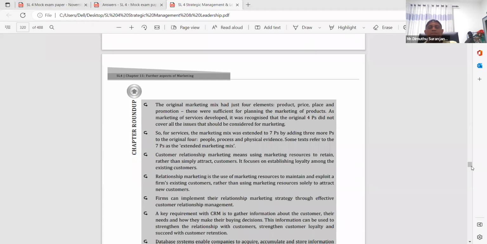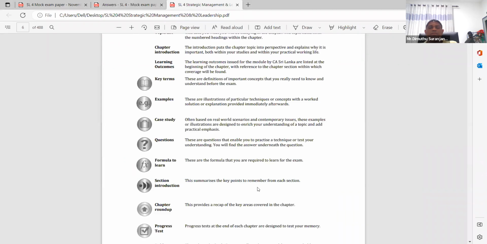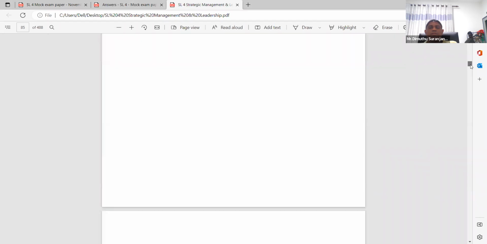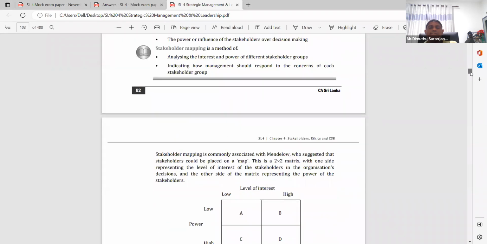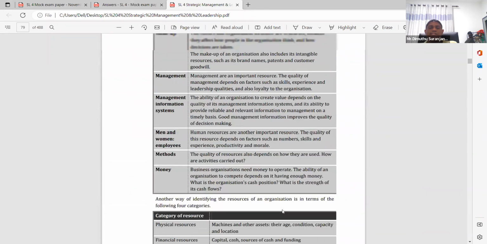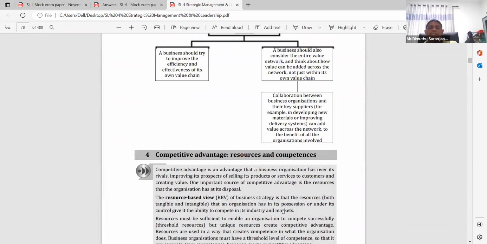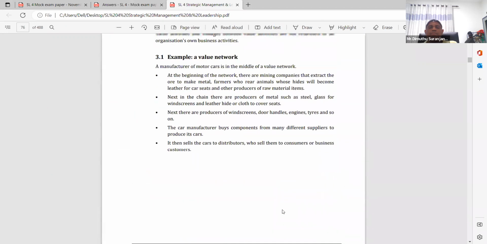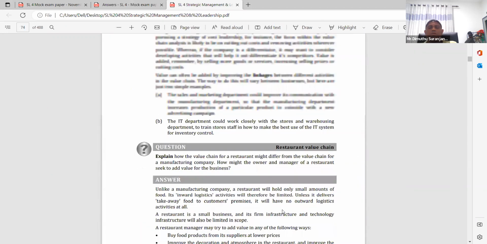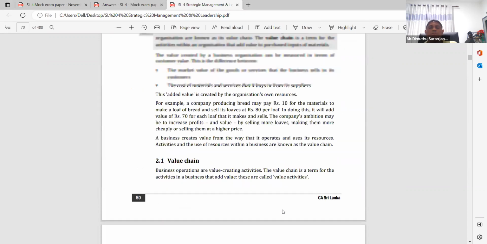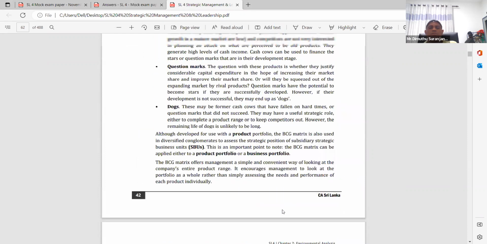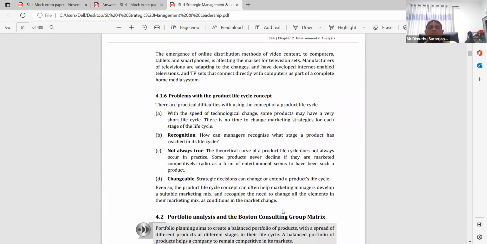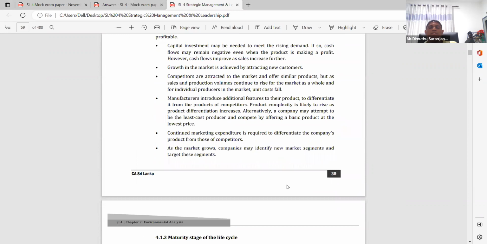Yes, no, second. So we'll look at our theory aspects. This is the product life cycle.